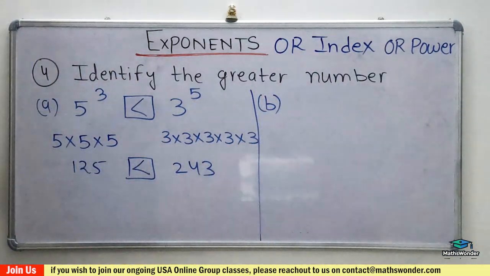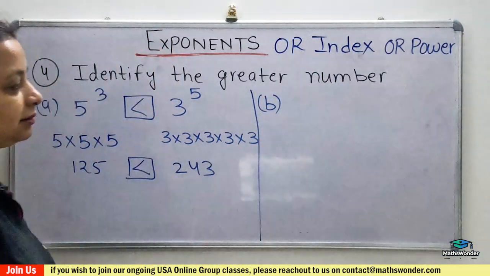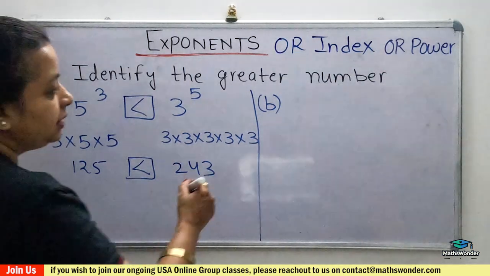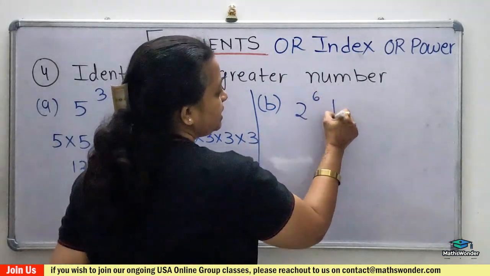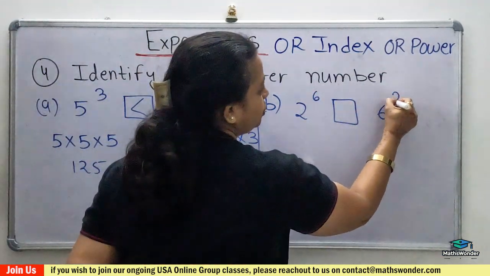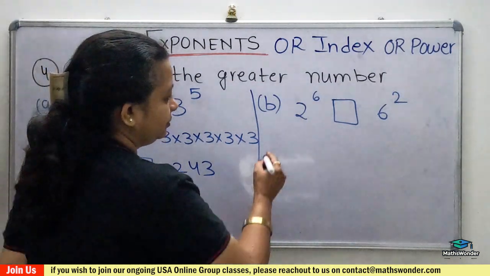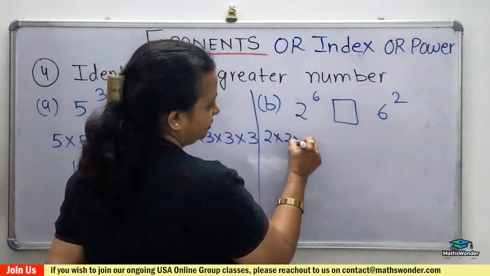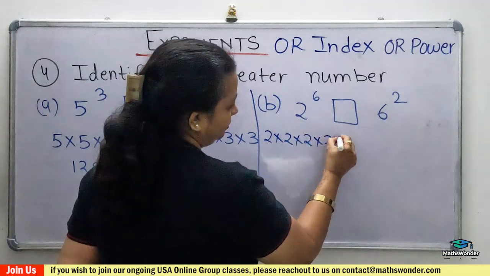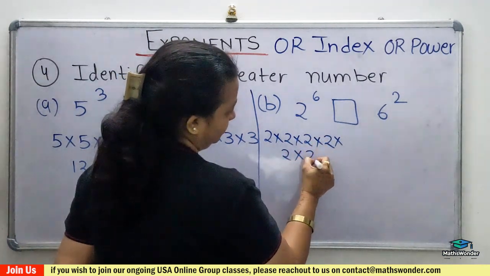Now the other is, I'm giving you an easy one: 2 raised to the power 6 and 6 raised to the power 2. Tell me which is greater. So it's 2 times 2 times 2 times 2 times 2 times 2, which equals 64, and 6 times 6 is 36.